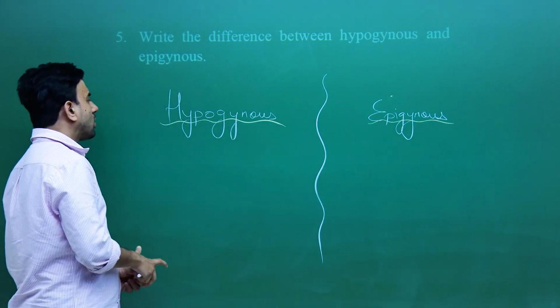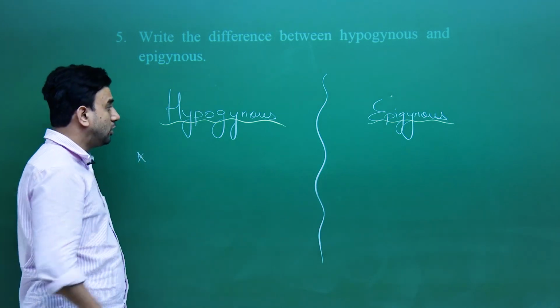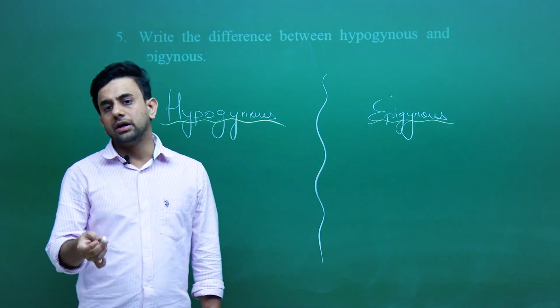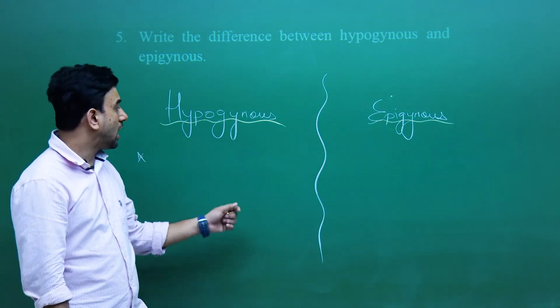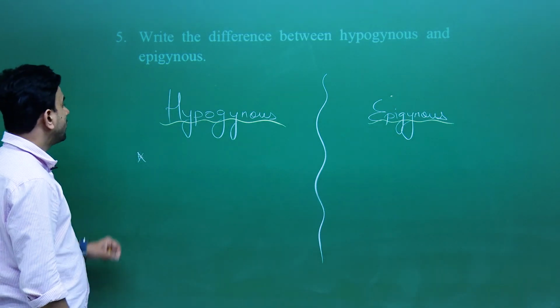Now, what we see in the hypogynous condition, hypo means lower and gynous here stands for the gynoecium or the ovary. So, what do we mean by this?